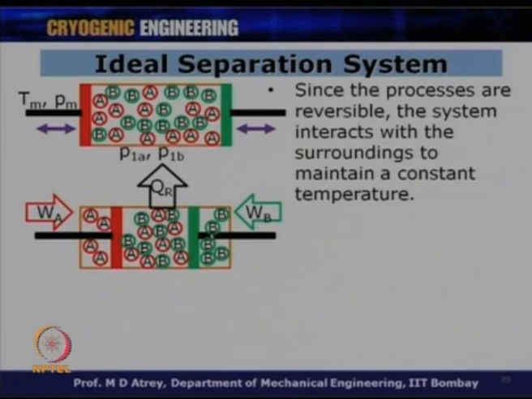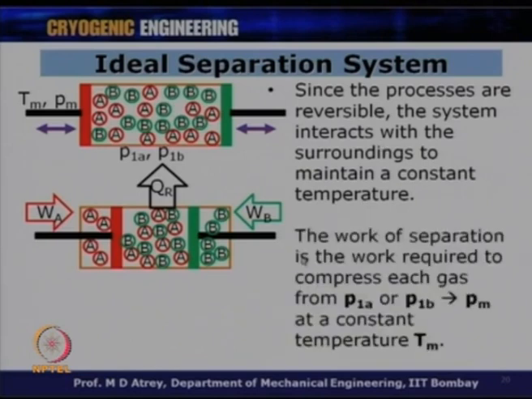At the same time, because the compression process is occurring, some heat QR generated is being released, so that the temperature Tm is maintained. Because of this interaction with the surroundings, the constant temperature is maintained.